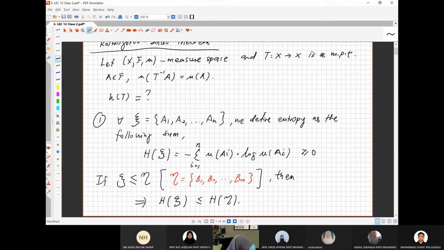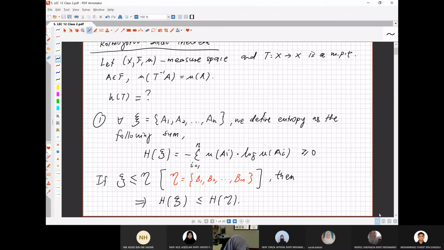Okay, so we have covered the first property in the previous lectures. So we also know how to find the entropy of this partition.